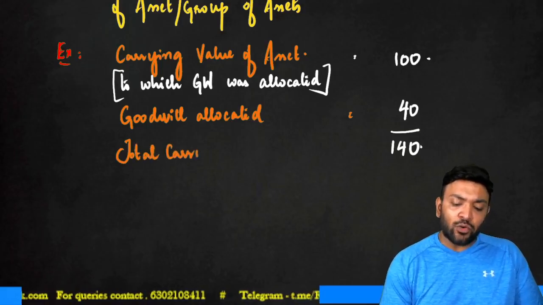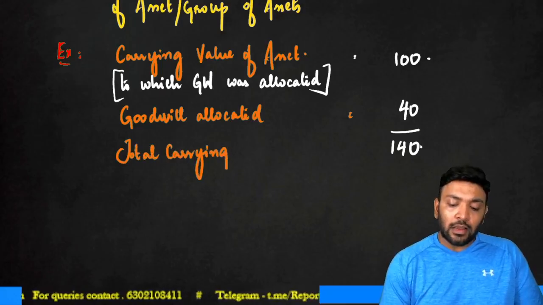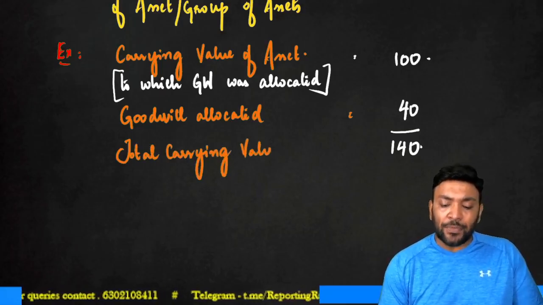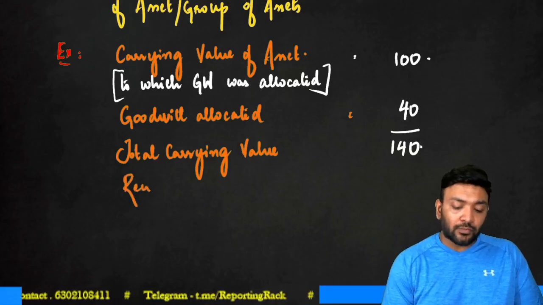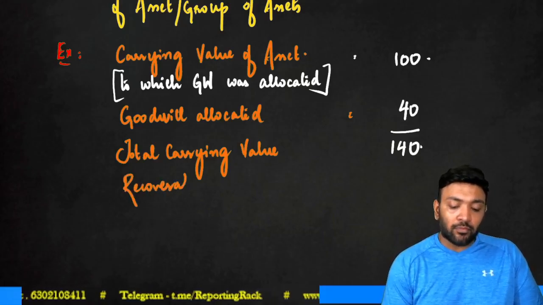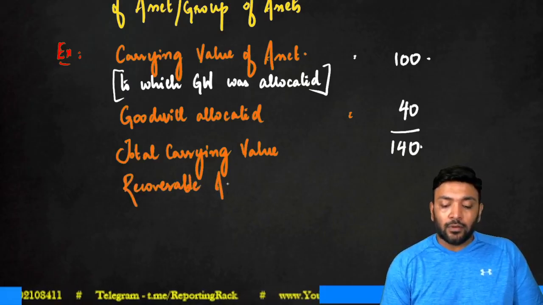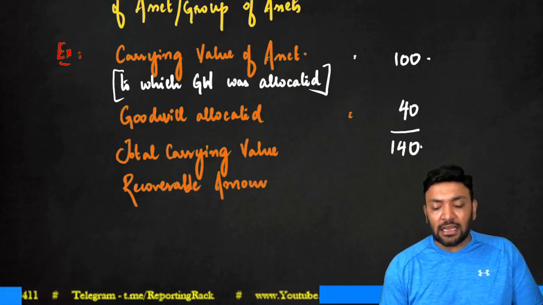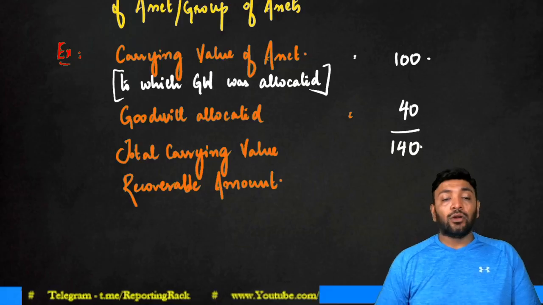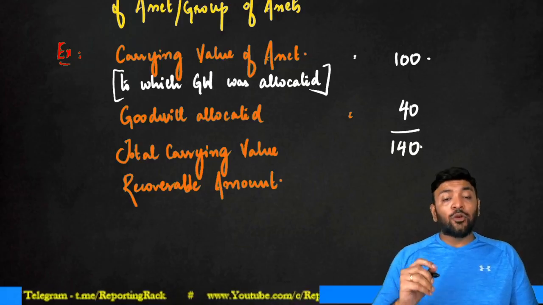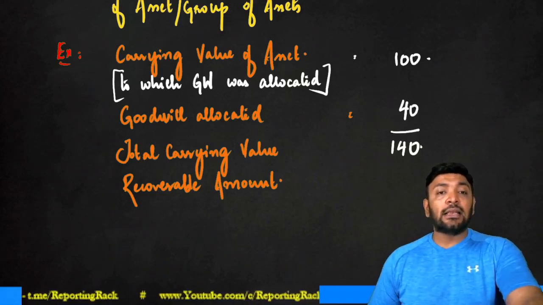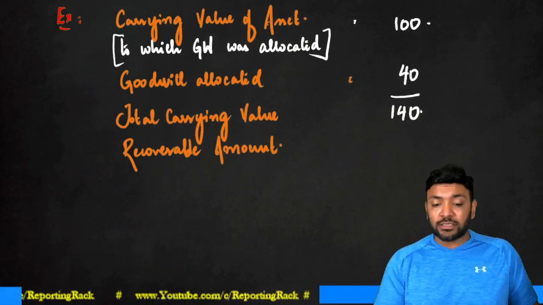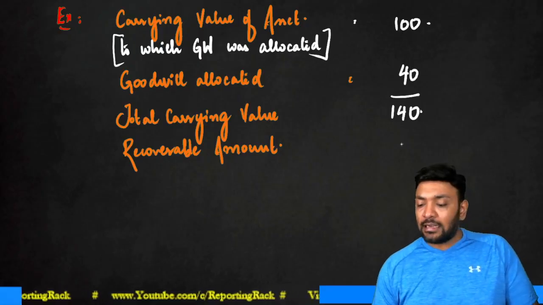This carrying value has to be compared with the recoverable amount. Let's say the recoverable amount which is attributed to this asset, that is higher of value in use or net selling price, was 92.